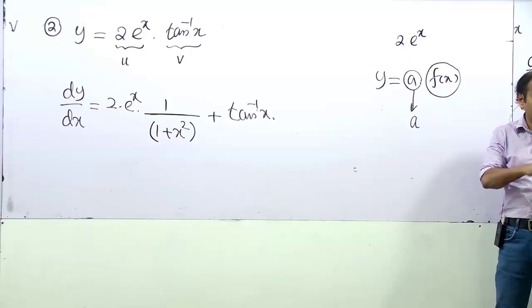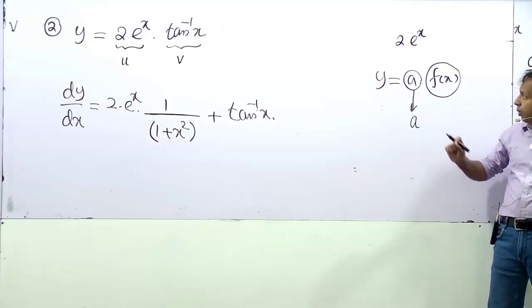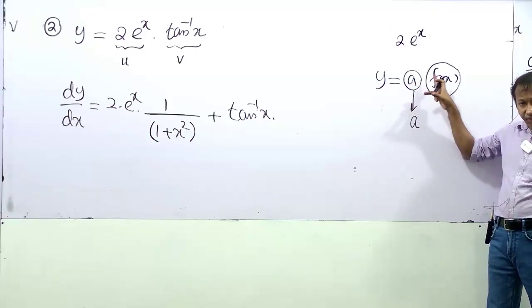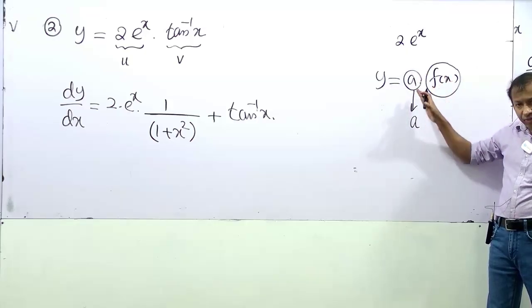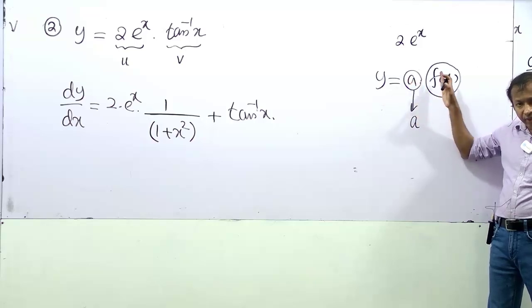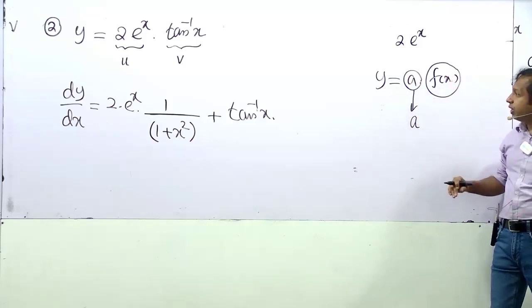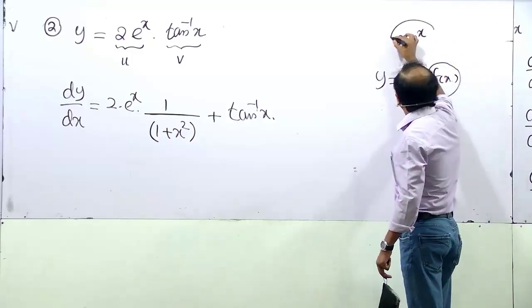So last week we proved that product of a constant and a function, the constant we keep as the same and it is multiplied by the derivative of the function. That way now you can differentiate this.